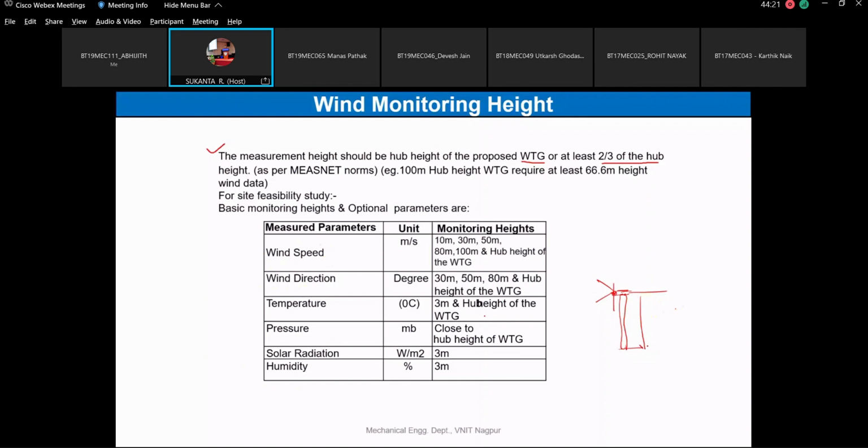So just above the tree height, we mount one anemometer, and the wind vane, temperature sensor and pressure sensor. Then at another height, we have to maintain some standard, either 10 meter, 30 meter, 50 meter. Those heights we have to maintain. So this standard we have to follow.